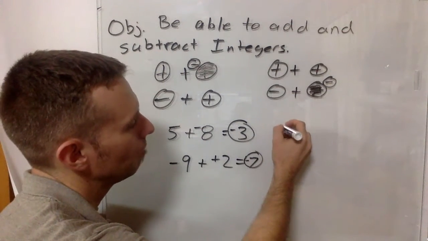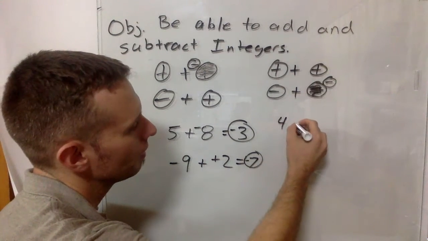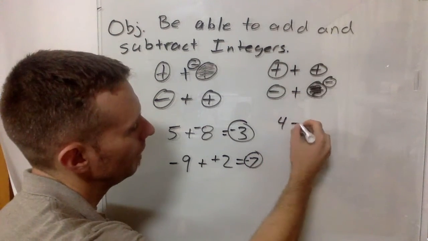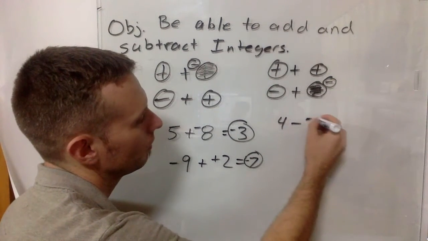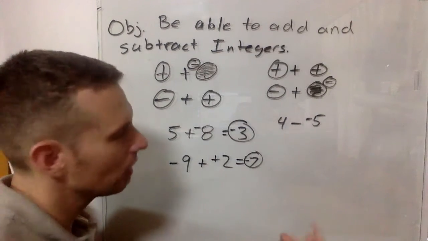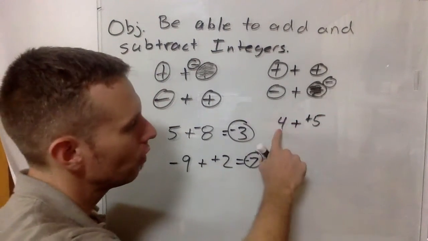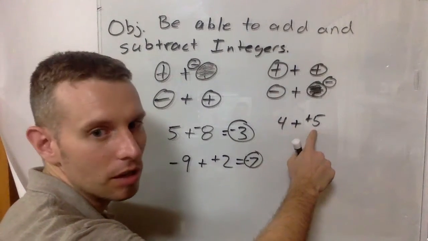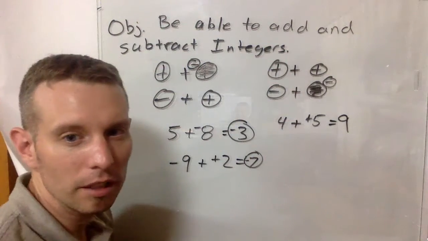We have a positive 4 minus negative 5. Add the opposite. 4 plus positive 5, we know that to be 9.